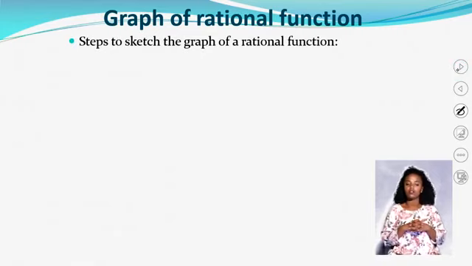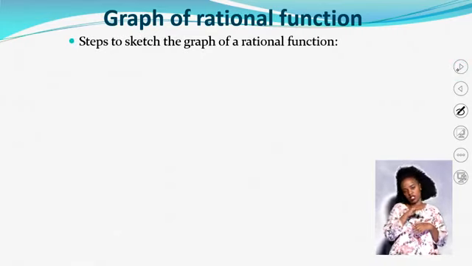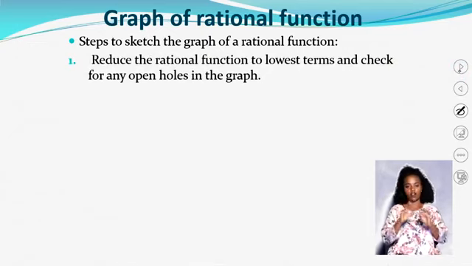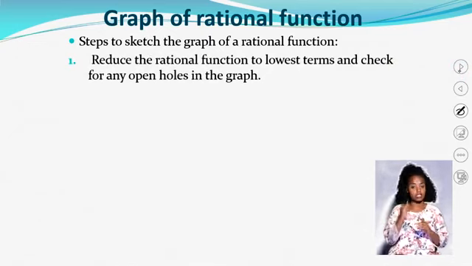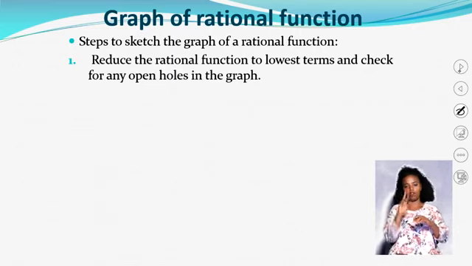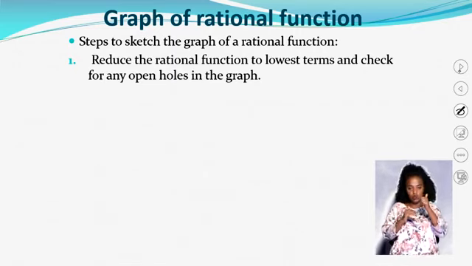Now, steps to sketch the graph of a rational function. To sketch the graph of a rational function, reduce the rational function to lowest terms and check for any open holes in the graph.